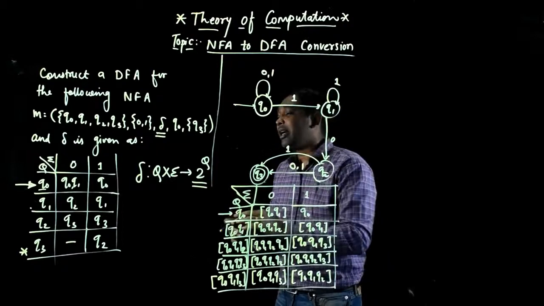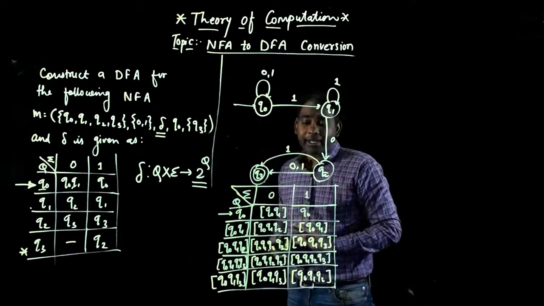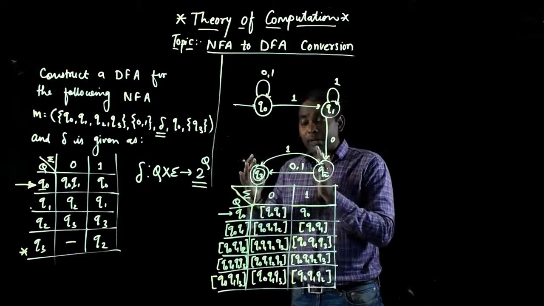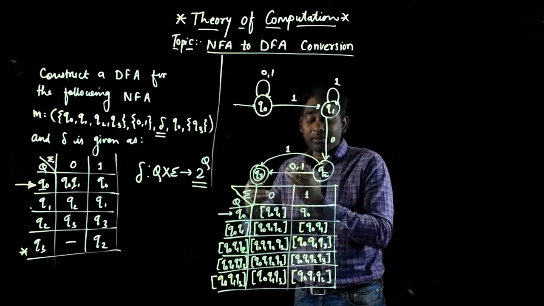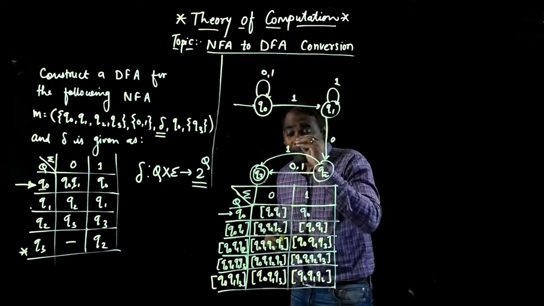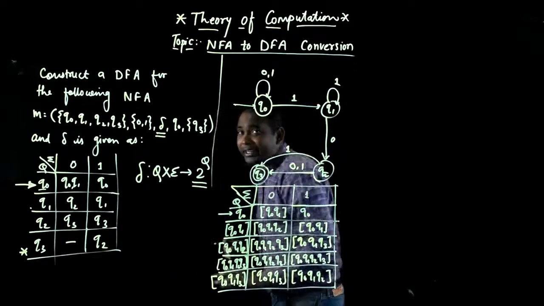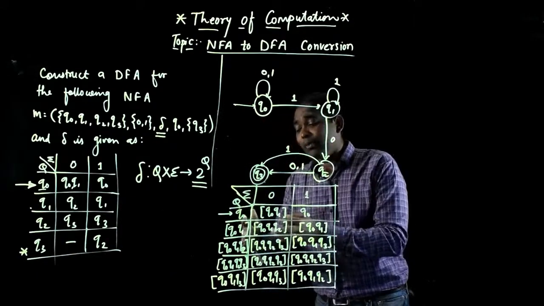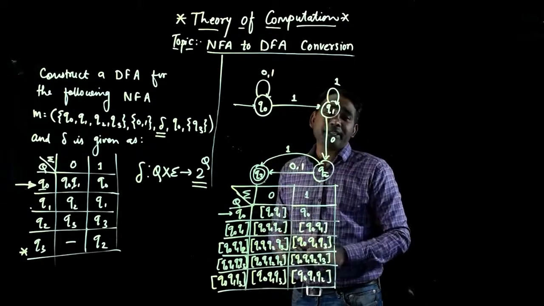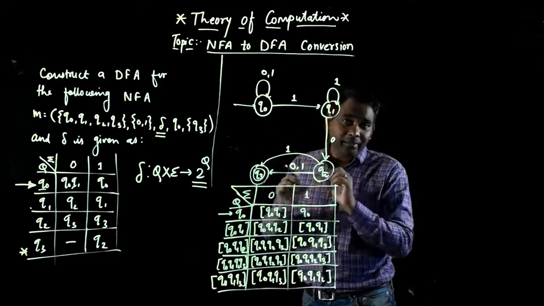But here you come to know that in the given NFA, Q3 was my final state, right? And in the newly generated states, a number of states have clubbed together to form a single state. Wherever Q3 is present in the set of states, that state will act as a final state in my DFA.